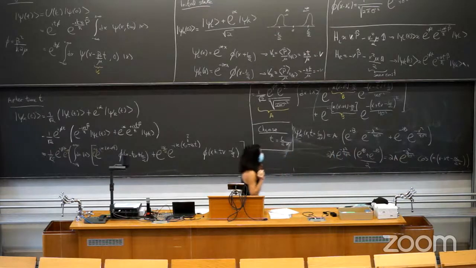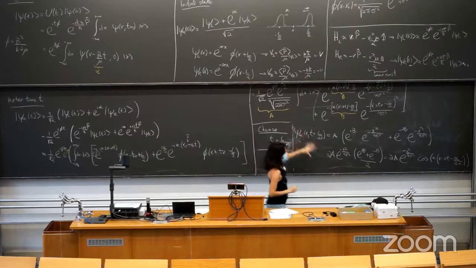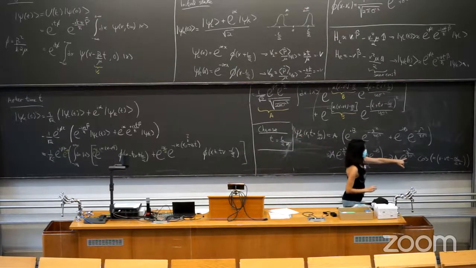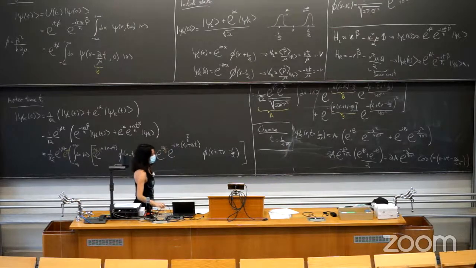Okay, so we finally find a point where the wave function looks like a cosine, which means that the square of the wave function is going to look like a cosine squared.